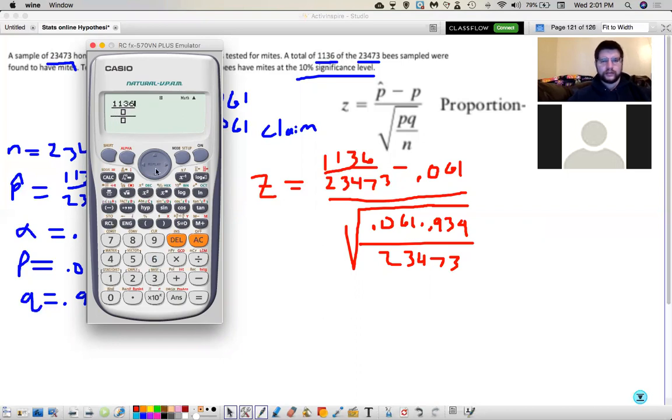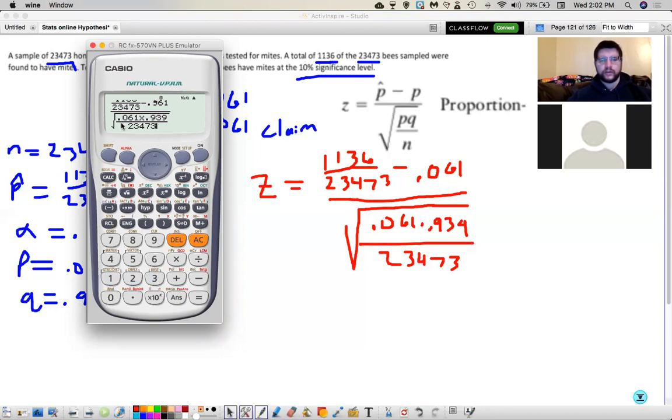1136 over 23473 minus 0.061 over the square root with a fraction, 0.061 times 0.939, over 23473.